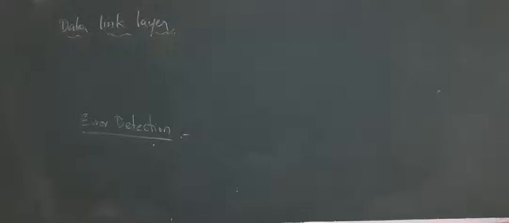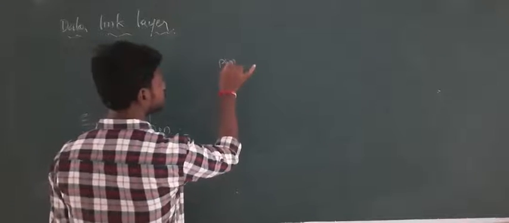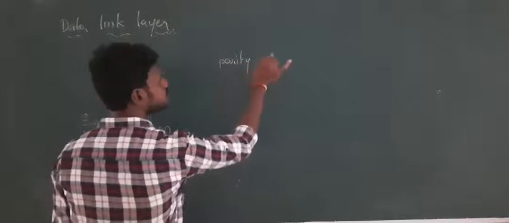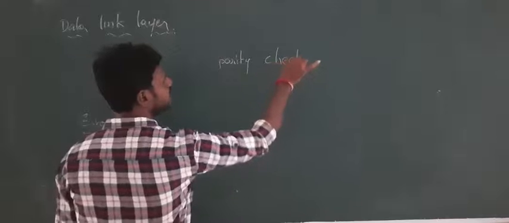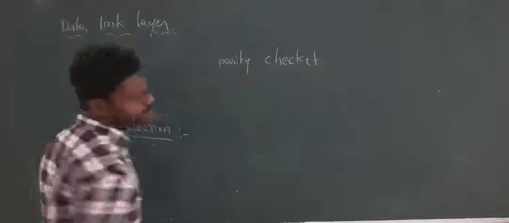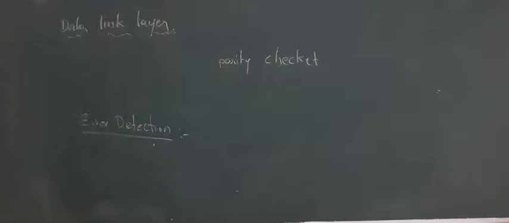We will have some error detection techniques like the parity checker. What a parity checker is, we will discuss in our lectures in detail. For now you just need to know the methods and techniques that we will follow in order to detect the errors at the data link layer.